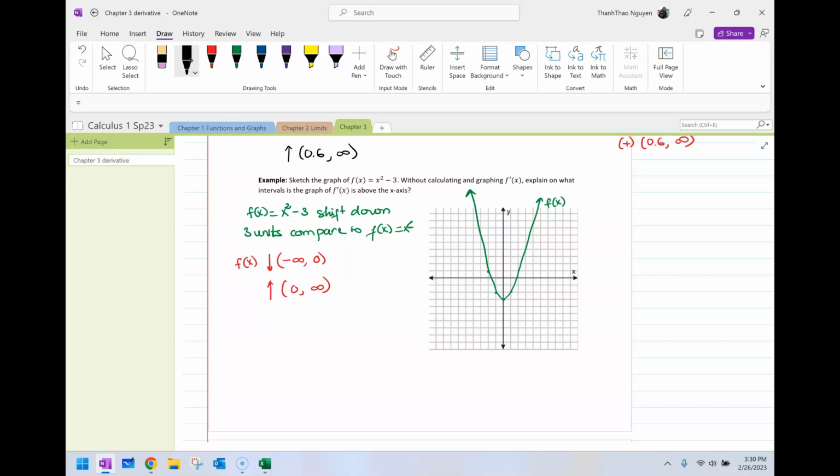This means when f of x is increasing, f prime of x is above the x-axis, so it is on the interval 0 to infinity.